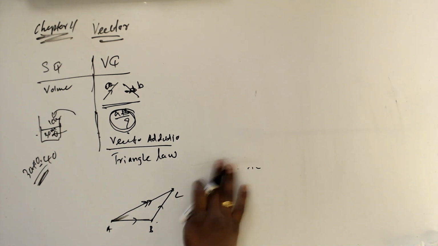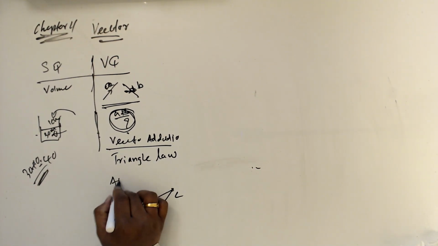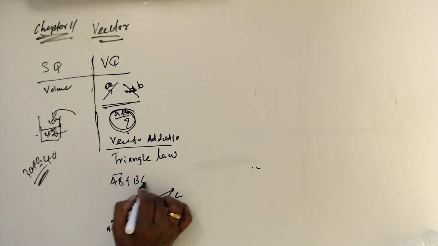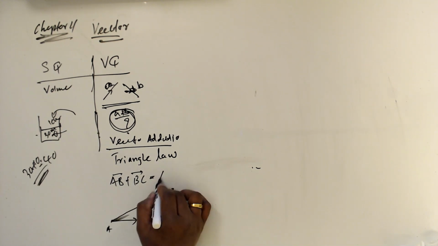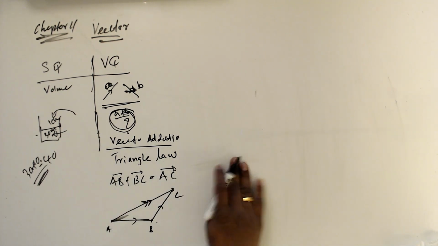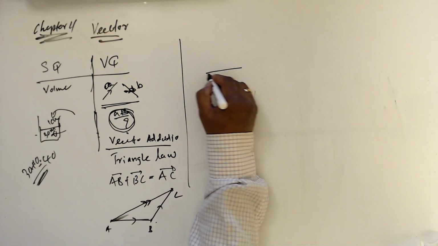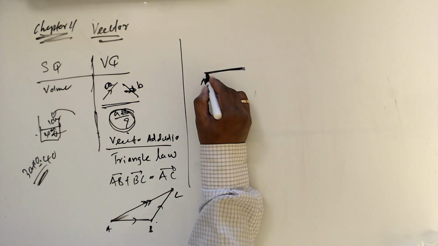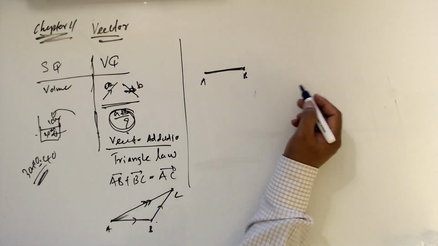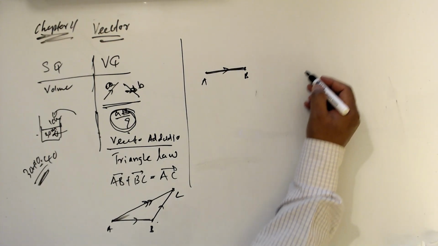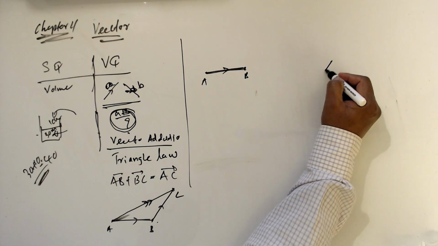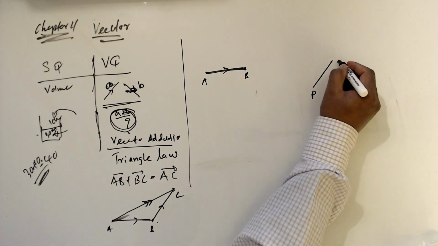Now I'll write it here. So AB plus BC, what is the final answer? AC. What will happen if we have something like this? You have AB here. Now you have PQ here.